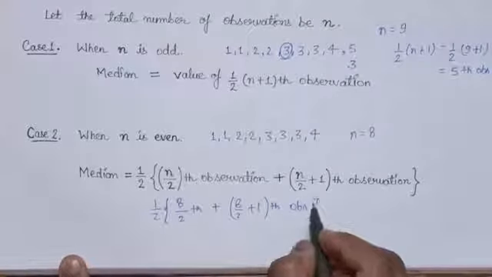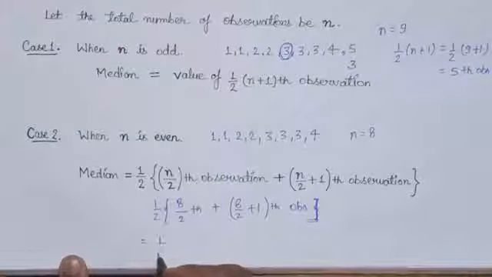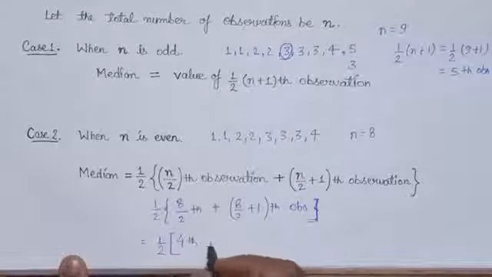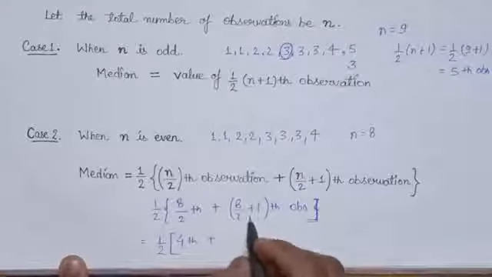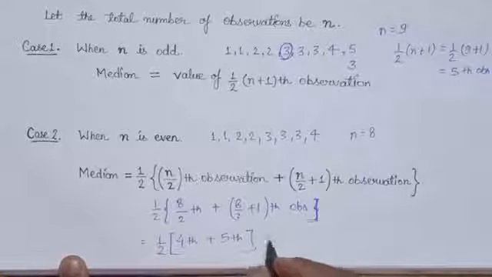Half of 8 by 2 means the 4th observation, and 4 plus 1 is the 5th observation. So let us put in the values.